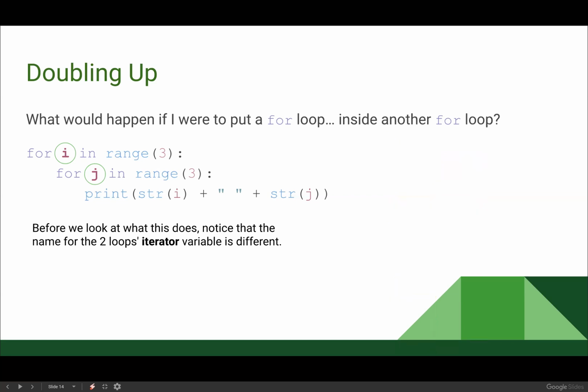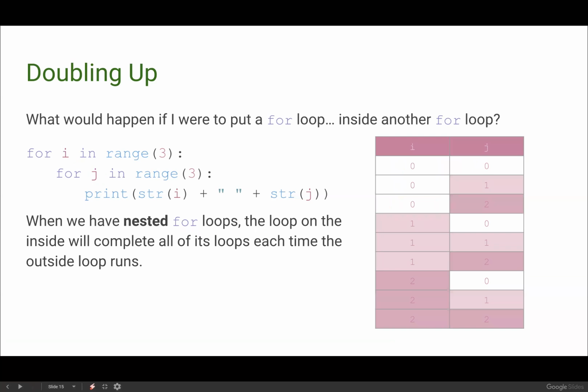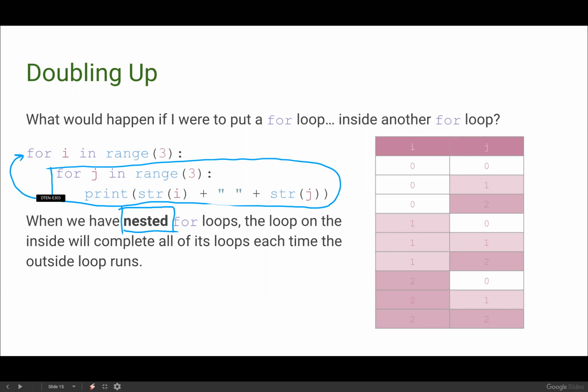I've got a little table to show what it looks like. So just remember, when you have a for loop inside of another for loop, those for loops are nested. So when you have nested for loops, the loop on the inside is going to fully complete its looping each time the outside loop does one loop.